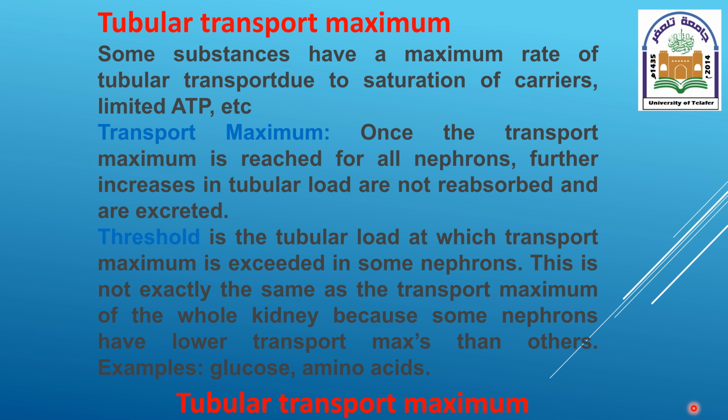This is one of the features of diabetes mellitus, presence of glucose in the urine, because the amount filtered exceeds the capacity of the tubule to reabsorb. However, substances which are passively reabsorbed do not obey the system of transport maximum.